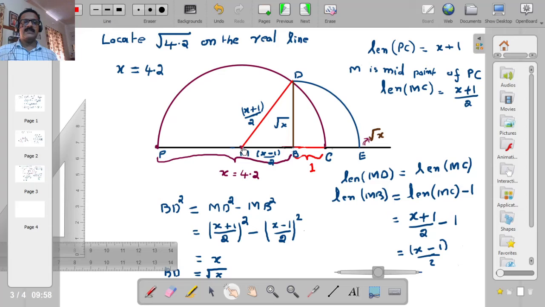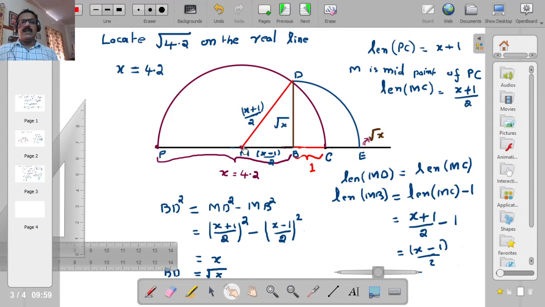This 2.6 units is 5.2 centimeters, because 2 centimeters is equal to 1 unit. So M is the midpoint of the line segment PC. I think you have understood up to this point. First we drew the line segment PB, then we extended it by one more unit, and we found the midpoint of the line segment PC.